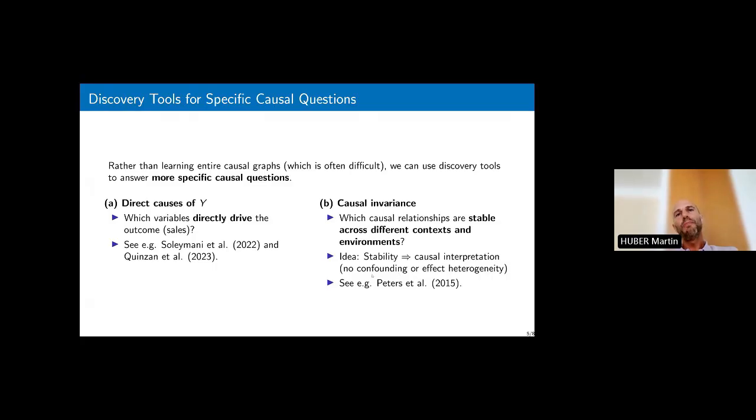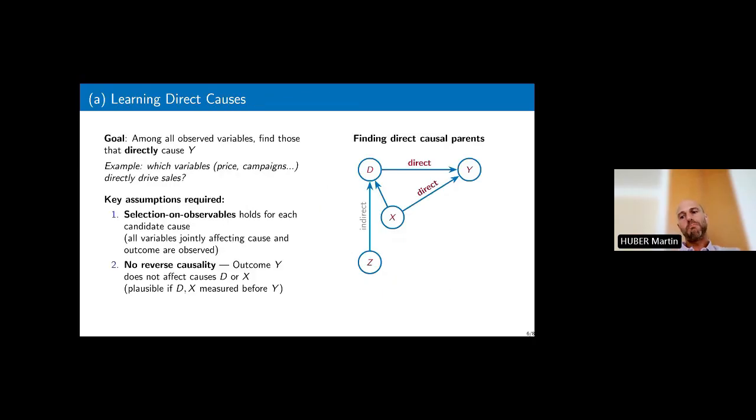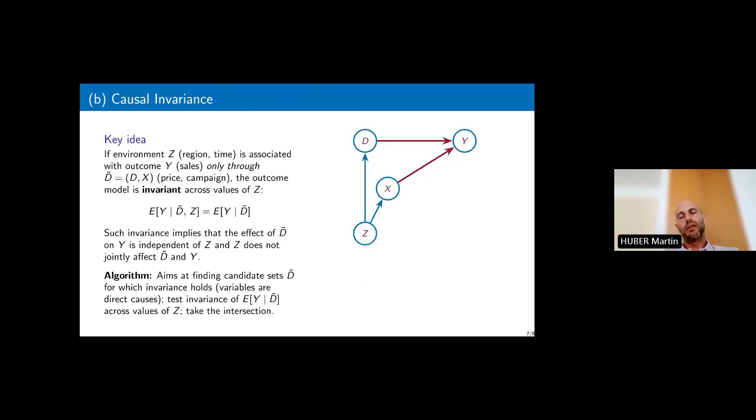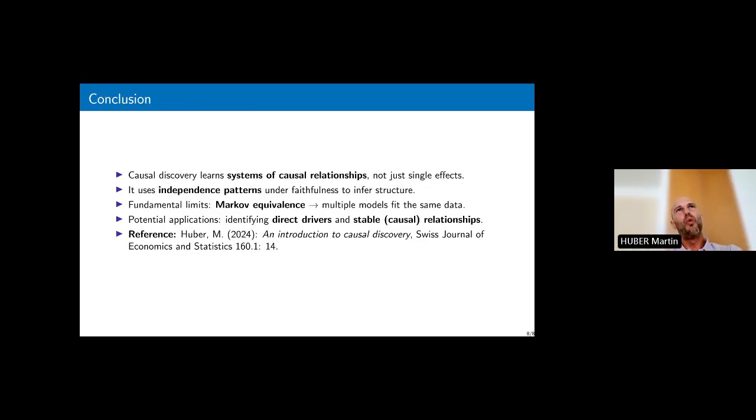And it also means that we have no confounding variables, so other variables which actually bias or contaminate the estimated effect. Okay.